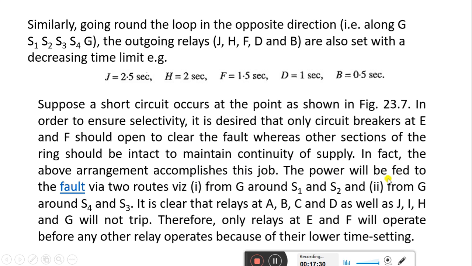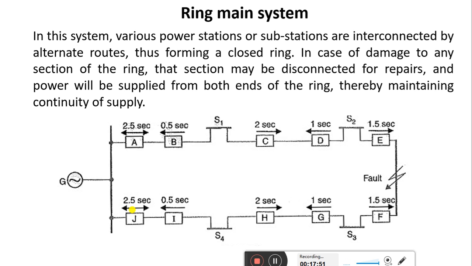So, the power will be fed to the fault via two routes, that is, first from G around S1, S2, and second from G around S4, S3. Let us go back and see what he is telling.